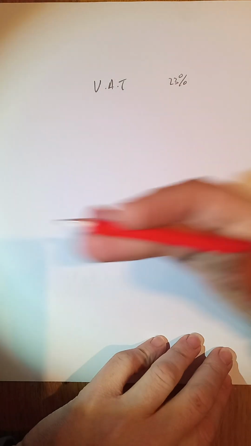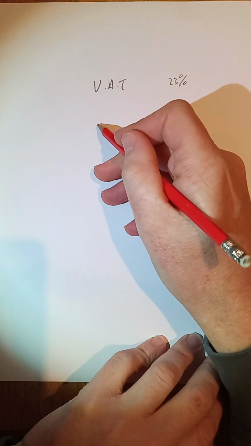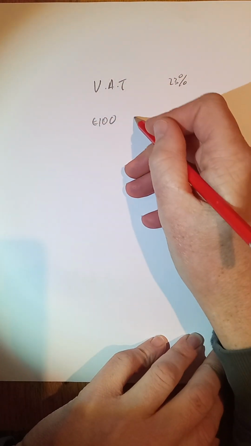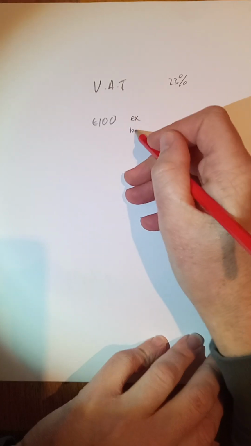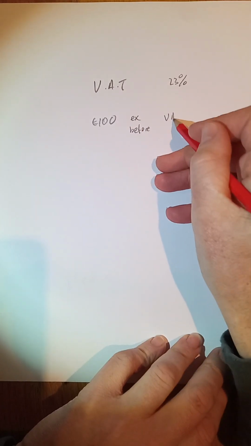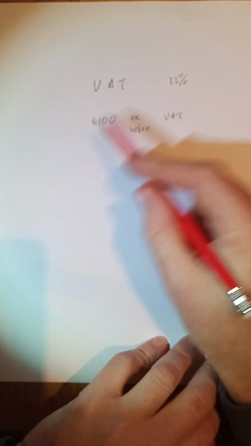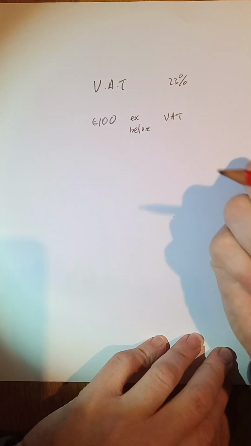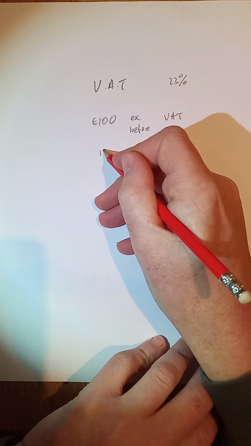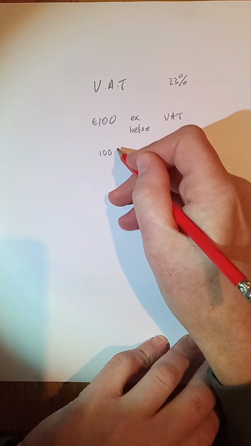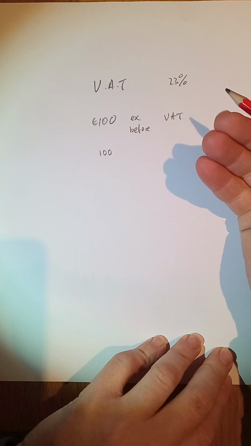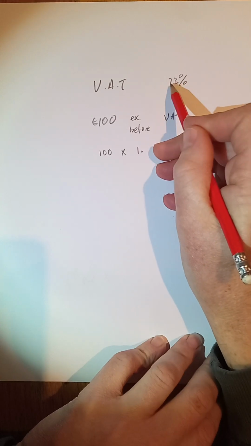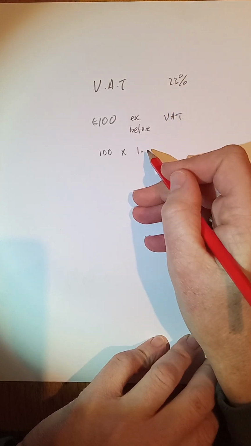Okay, so there are usually two types of questions asked around this. The first type of question is where you have an amount, let's say €100, and it excludes or it's before VAT. That means that VAT has to be added on top of this €100, which means you'll pay more than €100. So the easiest way to do any of these types of sums is just on your calculator, multiply 100, or whatever the amount that you want to add the VAT onto, by 1 point, and then take your VAT rate and turn it into a decimal.